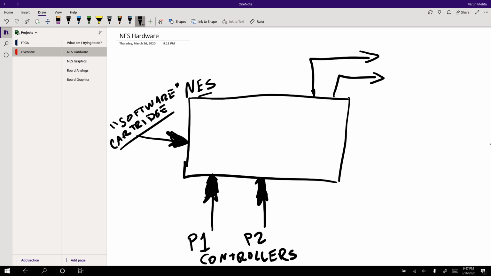So, cartridge plus controllers, and what are your outputs? You have two main outputs with the NES. One is video output, which goes to your TV. The other is audio output, which goes to your speakers or TV.